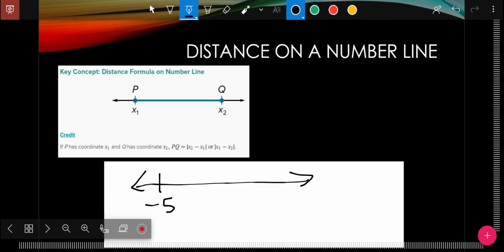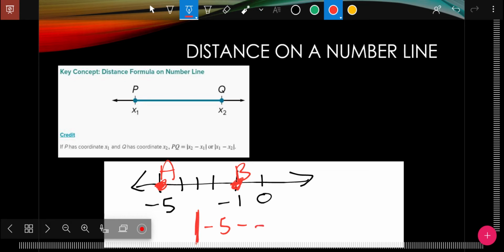And this is -5, -4, -3, -2, and this is -1, and this is 0. And so I'm going to put a point here, we'll call it A, and I'll put a point here, and I'll call it B. And so if I want to measure the distance from A to B, I want to do the absolute value of -5 minus -1.